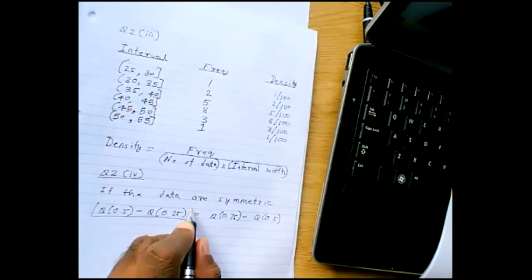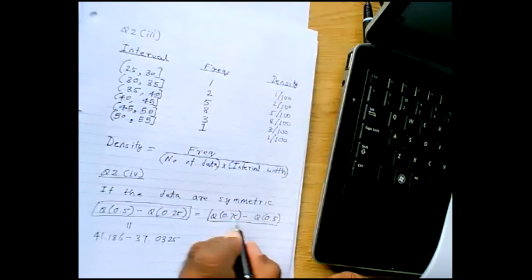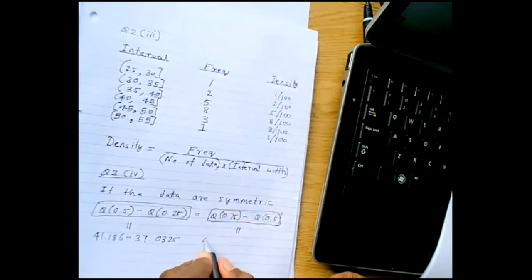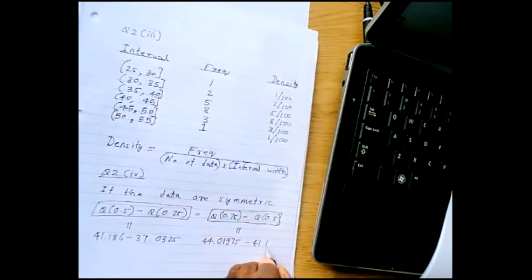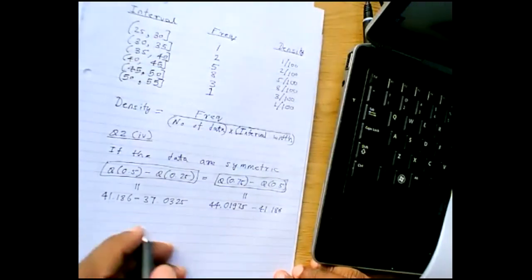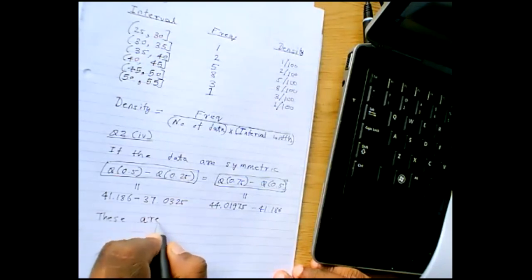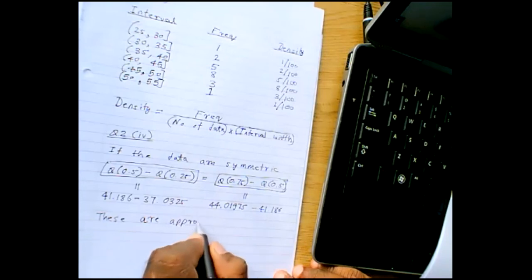Now, this guy here, for our data, is this, and this guy here for the data that we have is equal to 44.01975 minus 41.186. If you have a calculator, you can work this out. These are approximately equal.